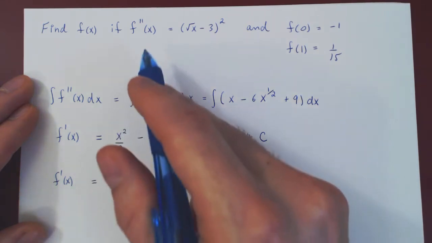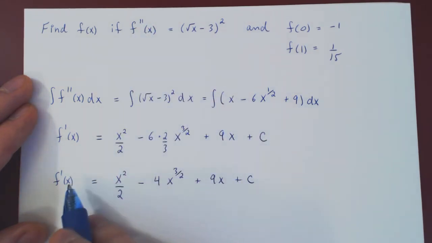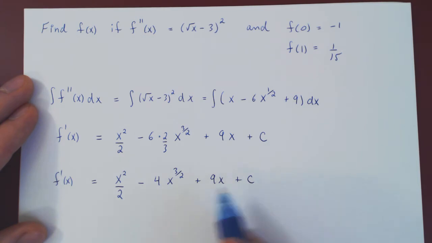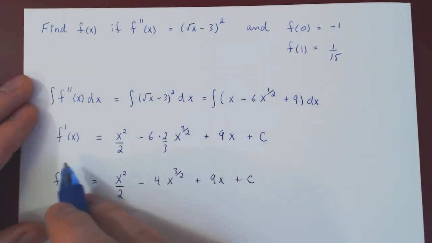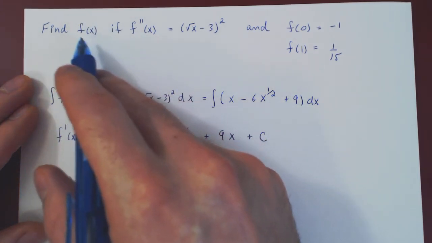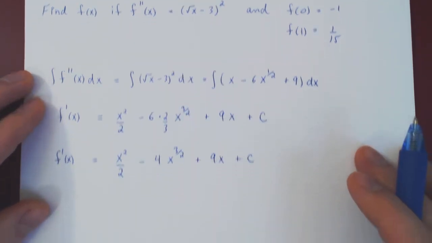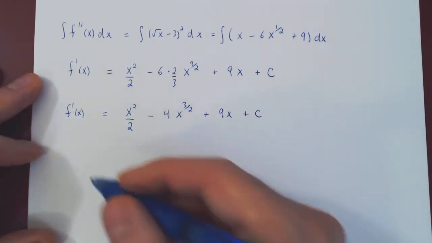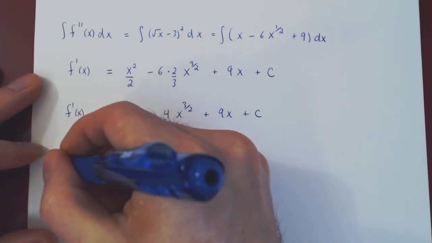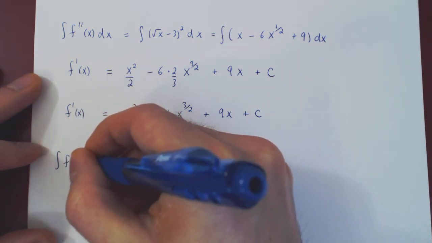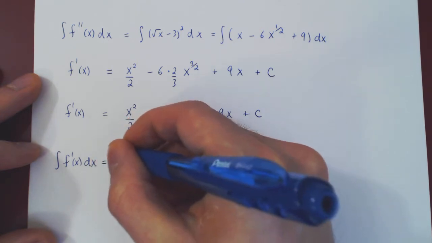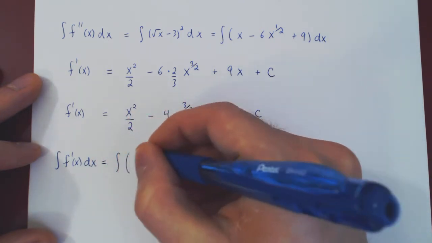So now we went from the second derivative to the first derivative. Well, we want to go one step further from the first derivative to the original function. So we have to integrate both sides one more time. So let's integrate with respect to x, of course, both sides of our equality.